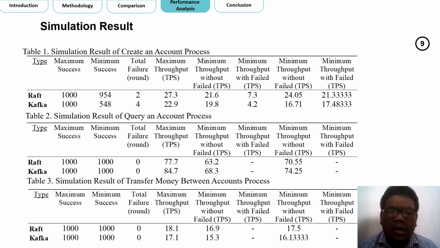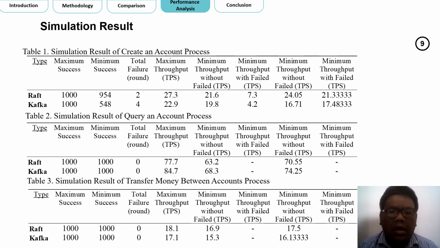In addition, Raft also has a higher throughput compared to Kafka in this process. It can be seen in table 1 that both maximum throughput, minimum throughput and average throughput, whether there are transaction failures in the process or not, make Raft faster than Kafka.